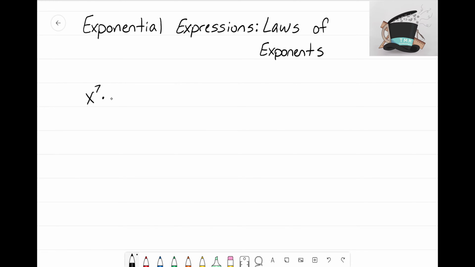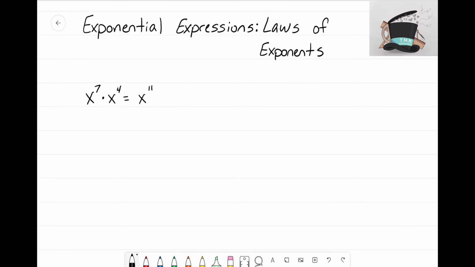x to the 7th power times x to the 4th power. Now normally we would expand, we would write all the terms out, and then we would simplify. But I want you instead to just think about what would happen during that expansion. I would write my 7 x's here, multiplying my 4 x's here, and then we would count the 7 x's, count the 4 x's, and we would end up with our term as x to the 11th power.